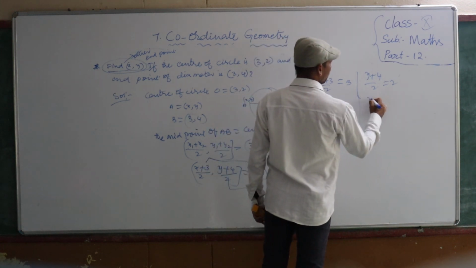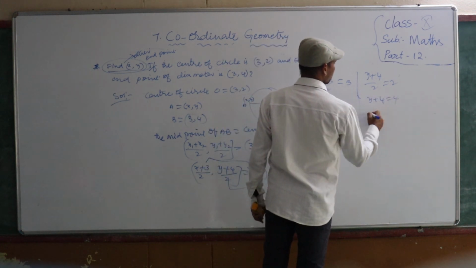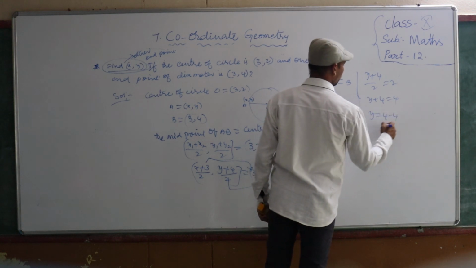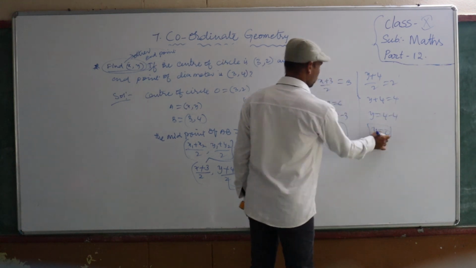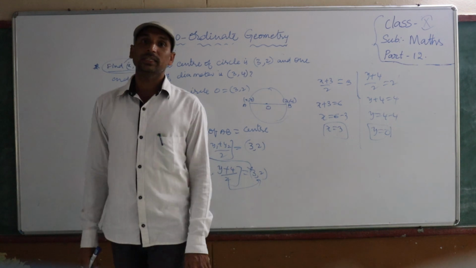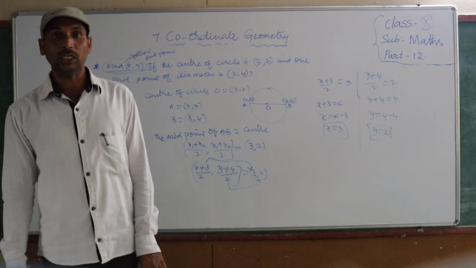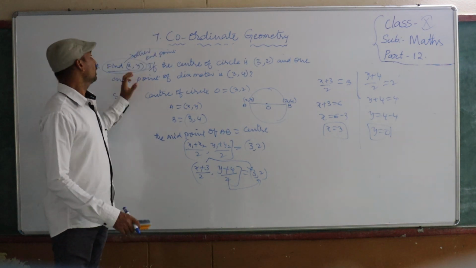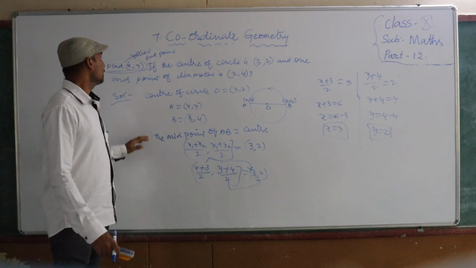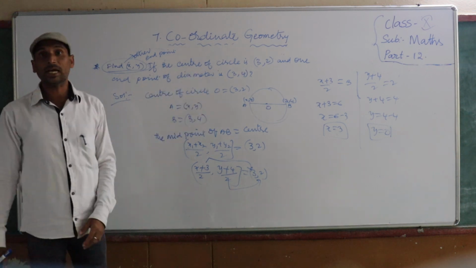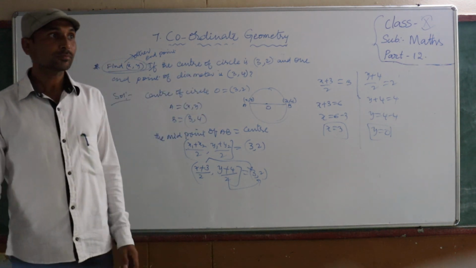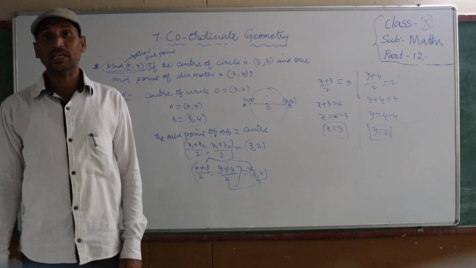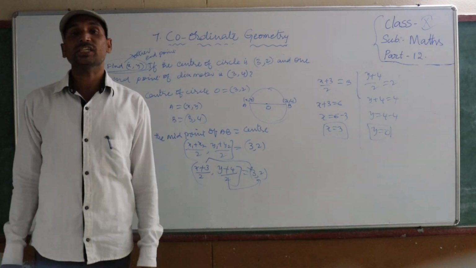Then y plus 4 is equal to 4, then y is equal to 4 minus 4, y is equal to 0. So this is how to find the x and y values. So this is how we use the midpoint formula, children. Next, in the next class we will discuss the centroid of the triangle and the section formula.